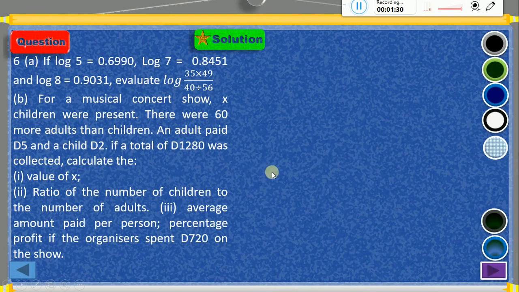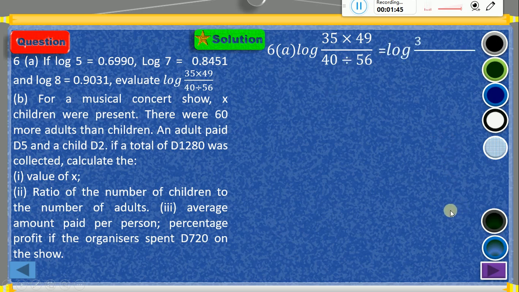Question number 6. We simplify that expression, change division to multiplication. Then we are now going to break up 35, 49, 56, and 40 into log 7, log 5, and log 8.